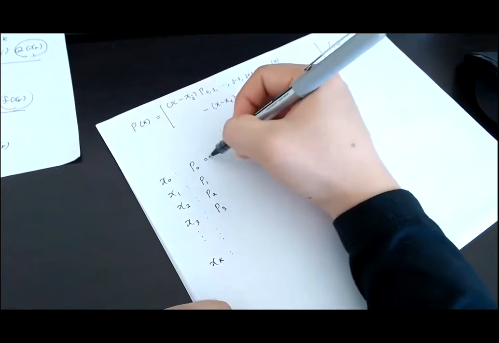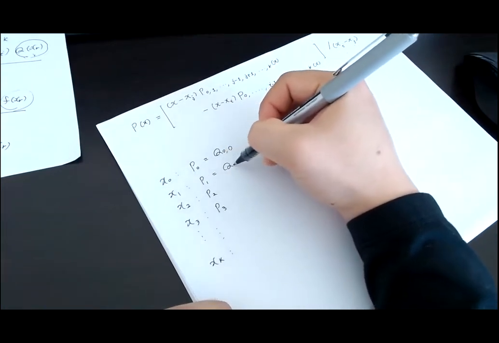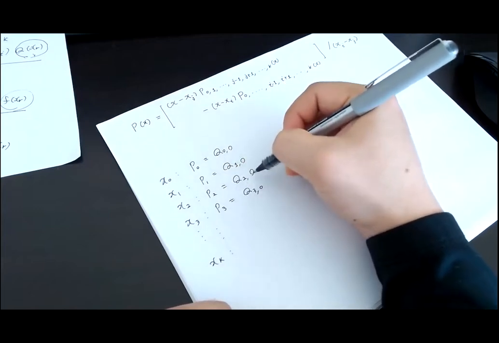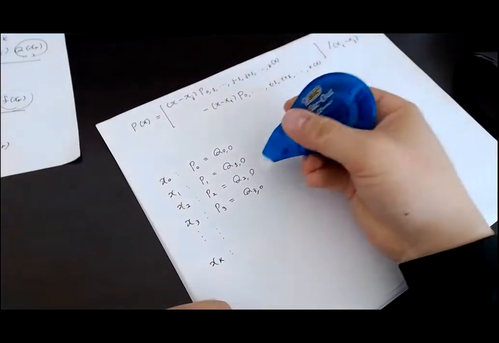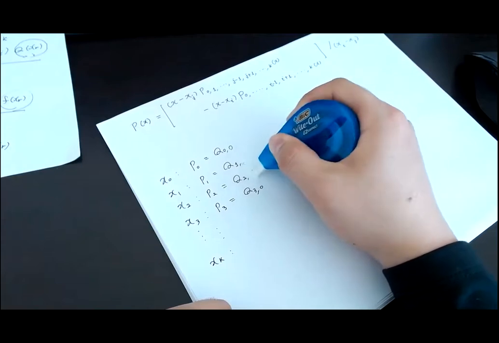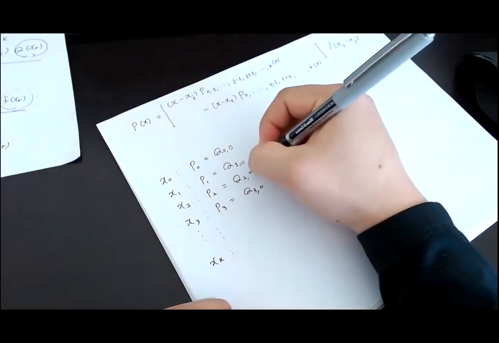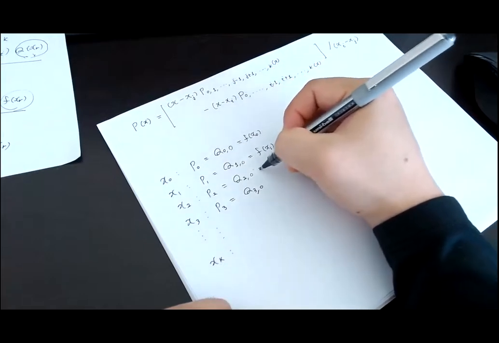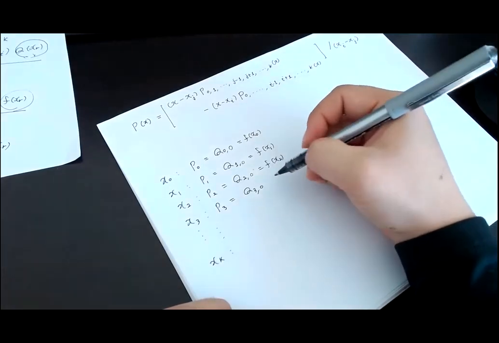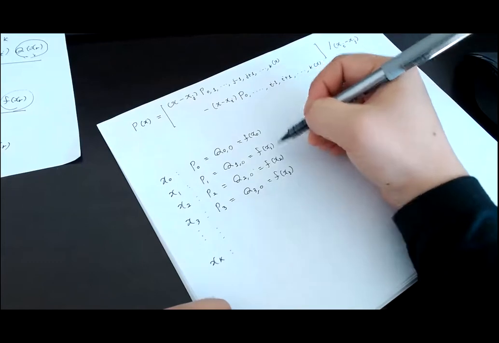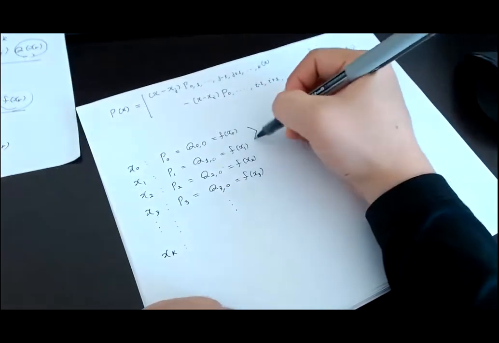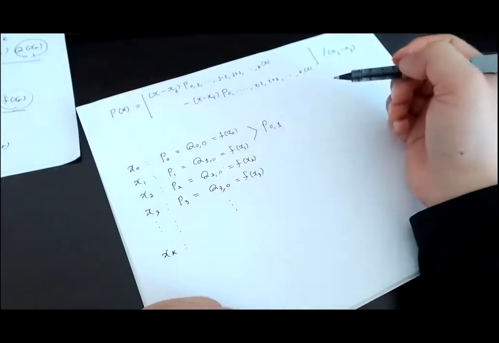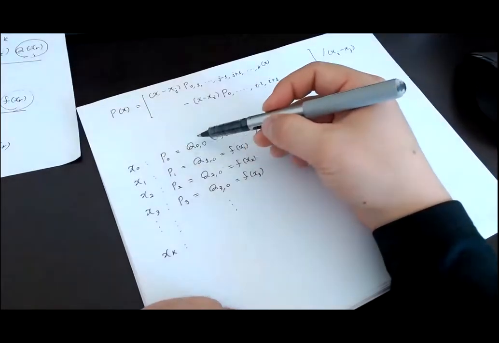That was Q0,0, Q1,0, Q2,0, Q3,0. The 0 should be a subindex. That is nothing but f of x0, f of x1, f of x2, and f of x3, and so on. Now we consider P0,1 using Q0,0 and Q1,0. We're going to plug in Q0,0 and Q1,0 here.